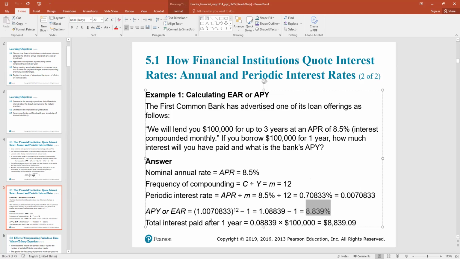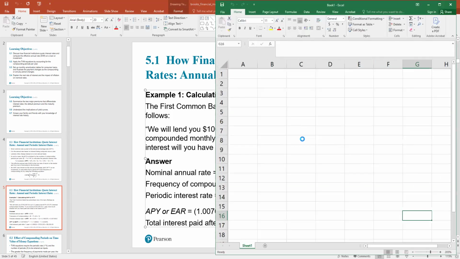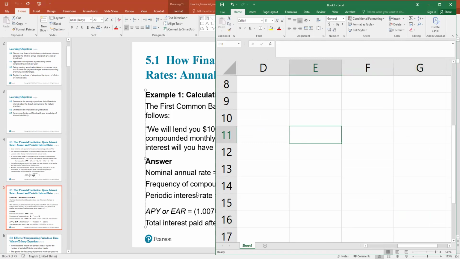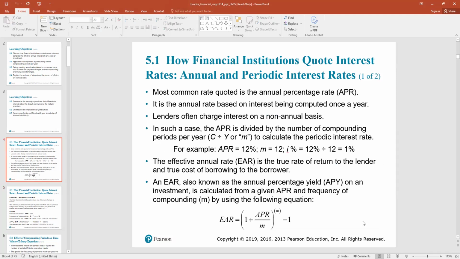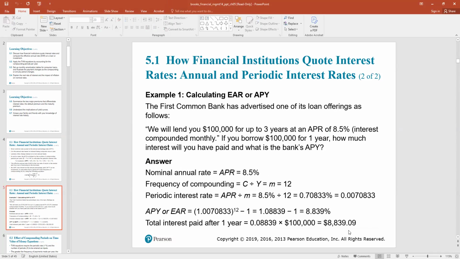So the total interest paid after 1 year becomes this much. I would like to illustrate this example in Excel too. So this is how much the person overpays. In real terms, this is how much they pay. The banks tell you you're going to pay 8.5%, but in the true case you pay 8.83%.